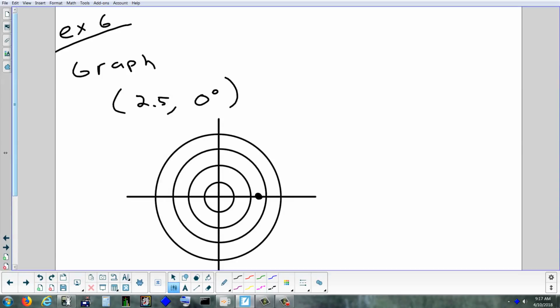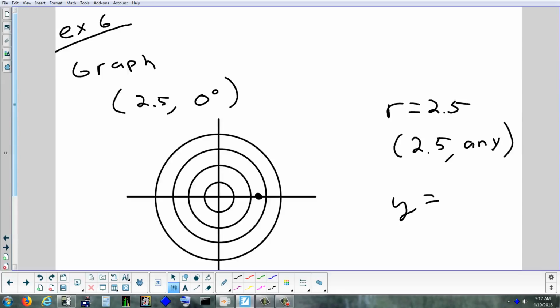So r equals 2.5 is kind of like, what this means is 2.5 comma anything. When you say r is 2.5, it's kind of like if I said to you, graph the line y equals 2. Well, for that, x could be anything. You just have to make y 2.